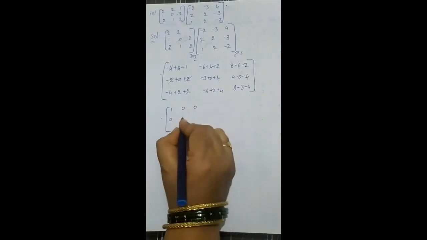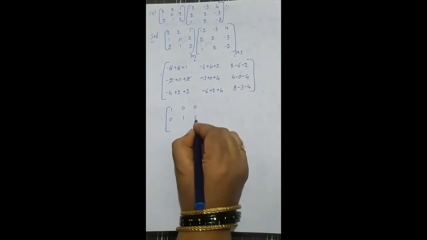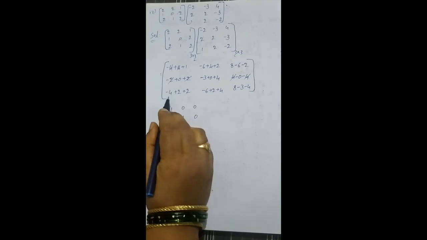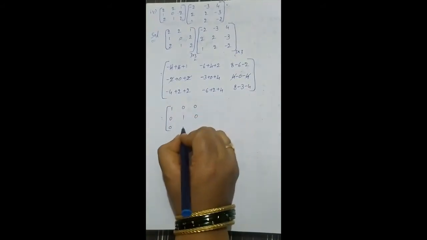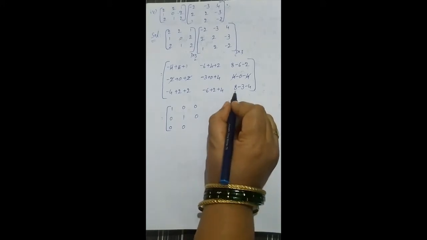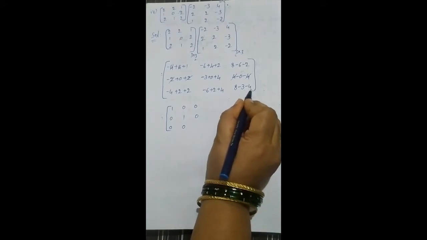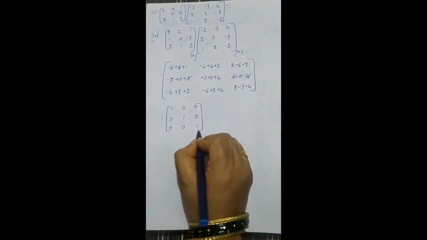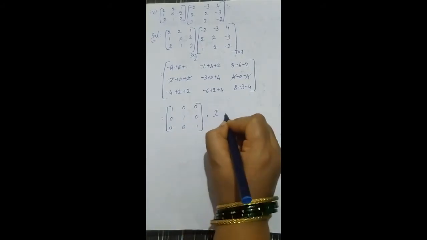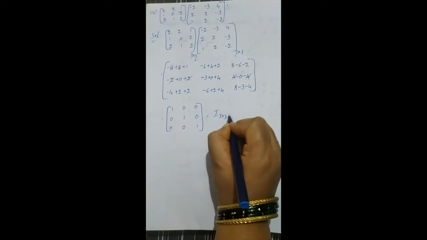Minus 3 plus 4, 1. 4 minus 4, 0. Minus 4 plus 4, 0. Minus 6 plus 6, 0. 8 minus 3 minus 4, minus 7. 8 minus 7, 1. That is equal to I, identity matrix of order 3 by 3.